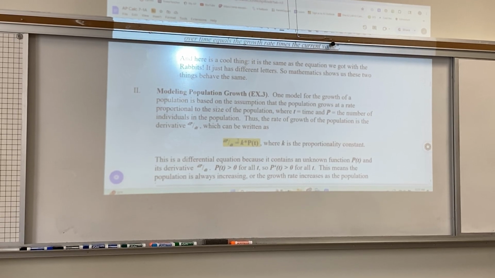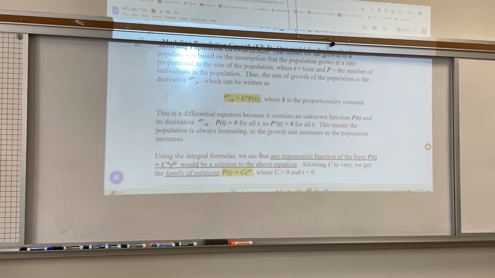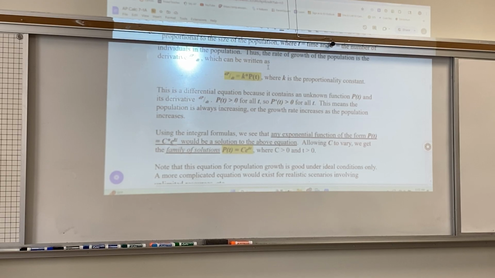The derivative equals r times the function, n of t, p of t, whatever you want to call it, c of t. This will be a solution to this. p of t will be that. So here's the derivative. Here's the original equation. That's what we can play with.